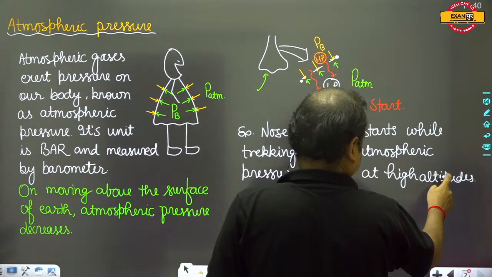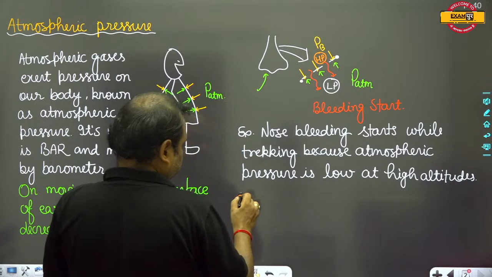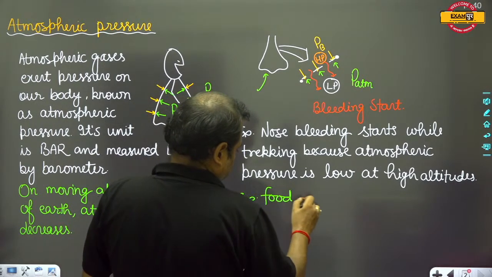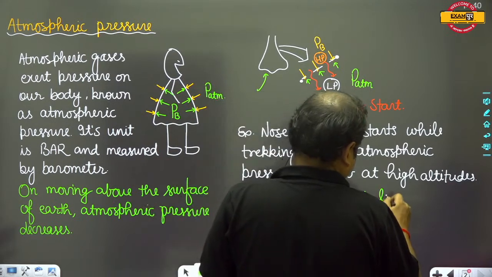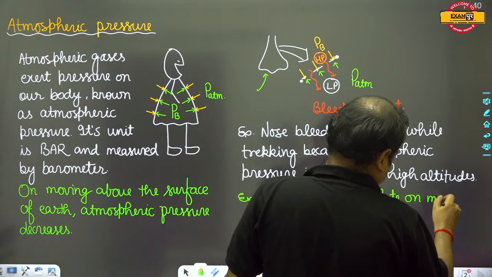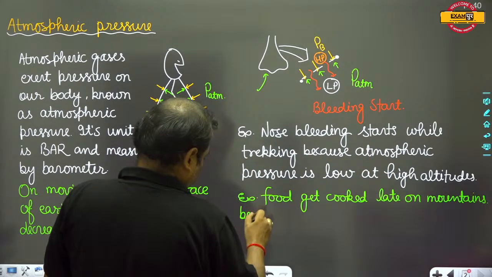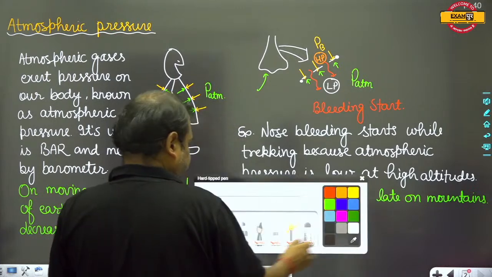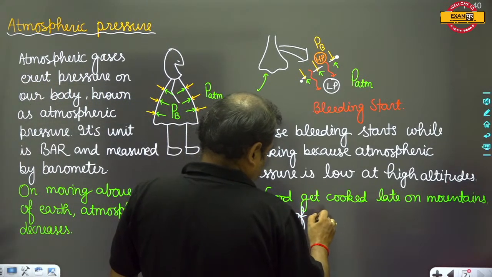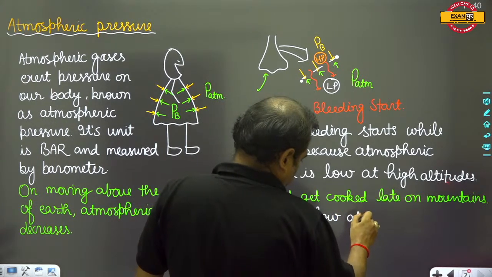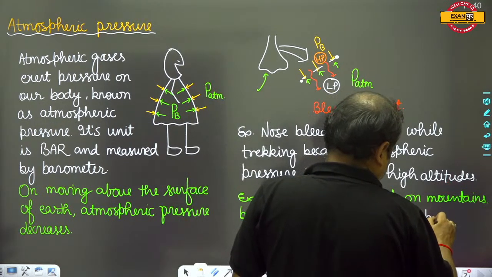Please write down. Another example is food gets cooked late on mountains because of low atmospheric pressure.